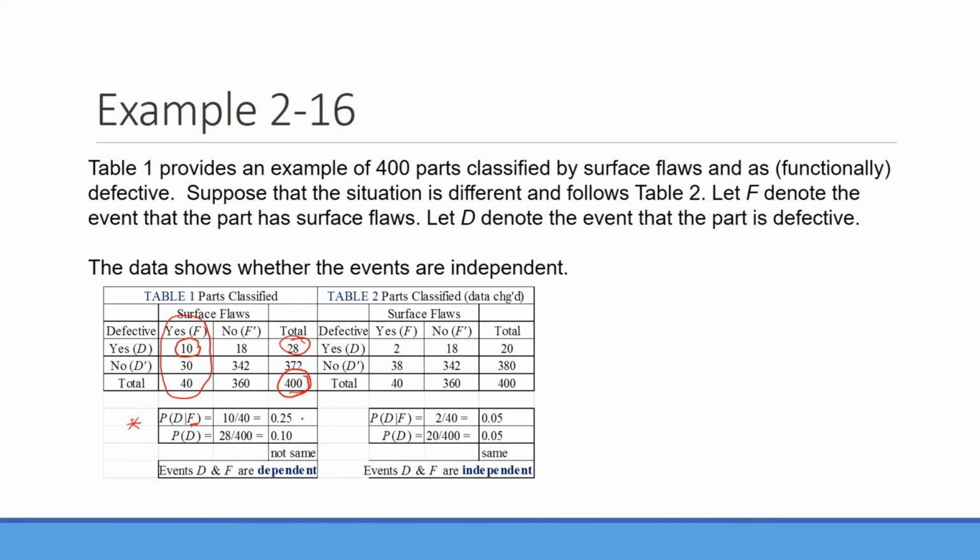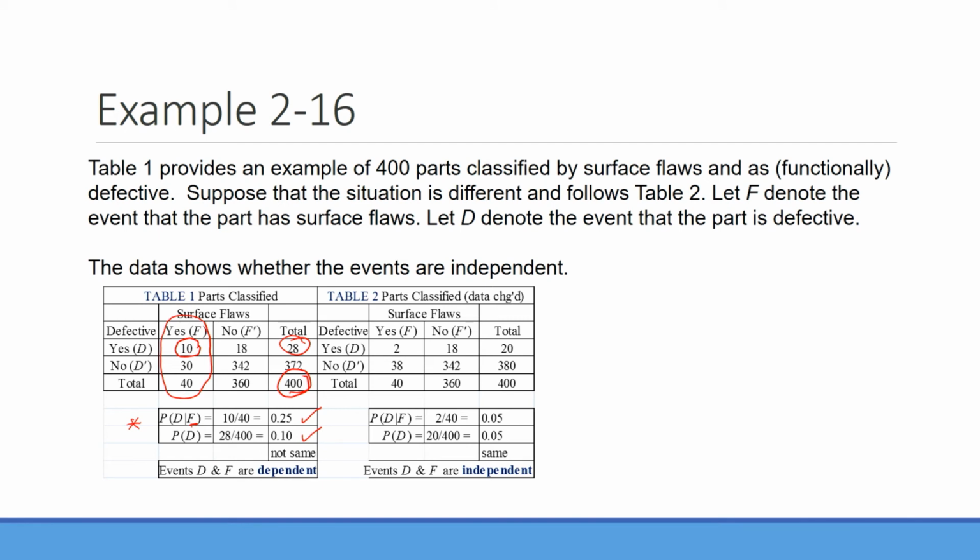So notice that the probability of D given F is not equal to the probability of D. They're not the same. So that means that they're dependent. So knowing that there's a flaw on the surface is changing the probability that the part is defective.